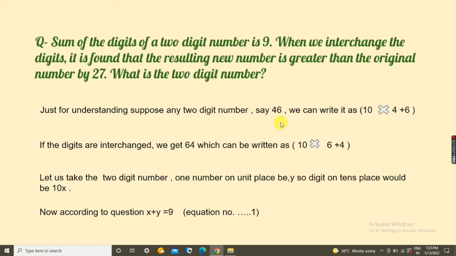If we look at our example number, the sum of its digits is 4 plus 6 is equal to 10. But in our statement, the sum of the digits of the number is 9. So we made the equation x plus y is equal to 9. This is our equation number 1.